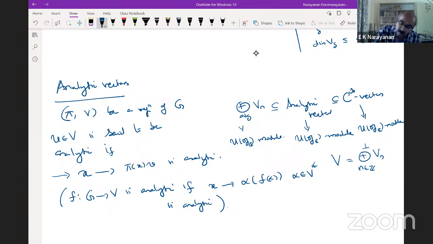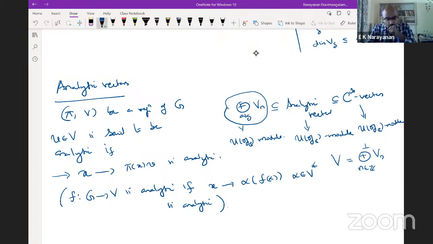The result we will prove is that any K finite vector, whatever is there in the algebraic direct sum of Vn's, is going to be an analytic vector. A priori, it is not clear that they are even C infinity; it transforms according to certain representations of K, that is all. But we will prove that they are actually analytic vectors, so that is strong.